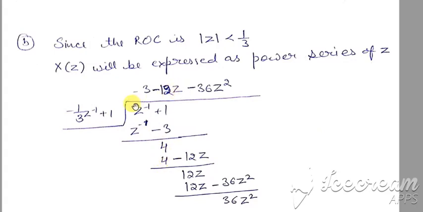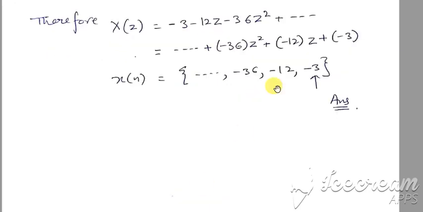And 12z multiplied by 1 gives 12z. In this way we have solved this, and the X(z) we obtained here is minus 3 minus 12z minus 36z squared, up to infinity.